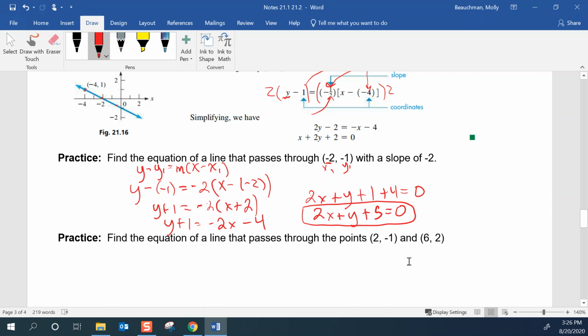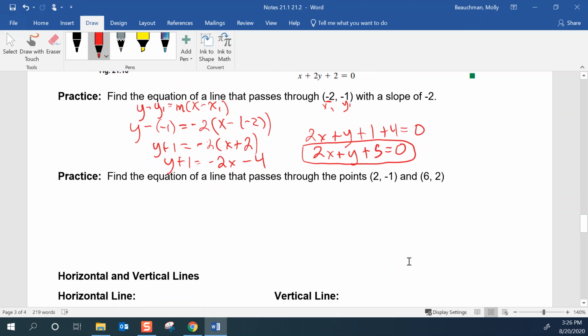Next example uses the same idea, but we're not given a point and a slope. This time we're given 2 points. What we know from the previous section is we can find the slope between these 2 points. To use the point-slope form, we have to have a point and a slope. So let's find the slope first.